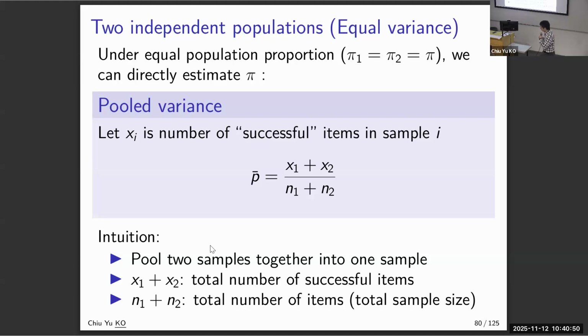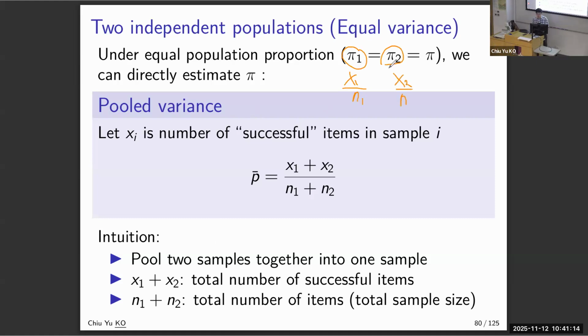Because what is pi 1 and pi 2, right? To estimate pi 1, the best case is to use x1 over n1. So suppose you want to guess how many boys have enough sleep, then it's x1 over n1. This is a good estimate. And to guess pi 2 will be the number of people who say yes, x2 over n2.